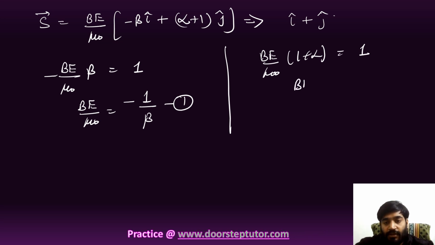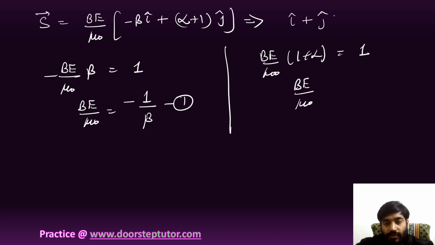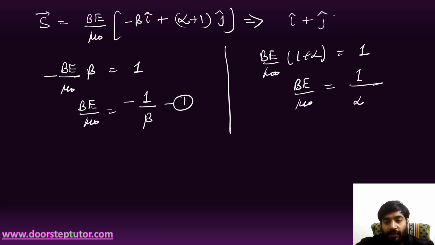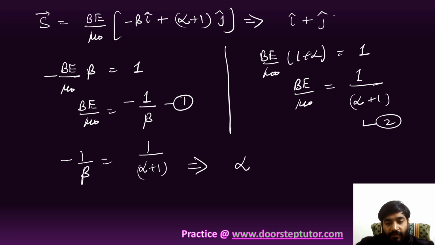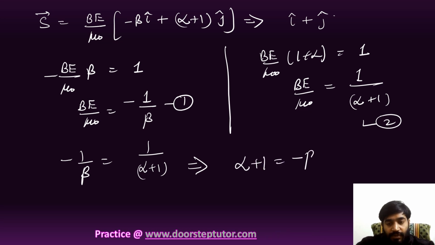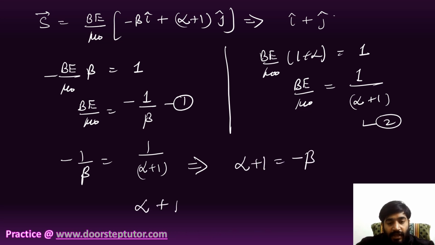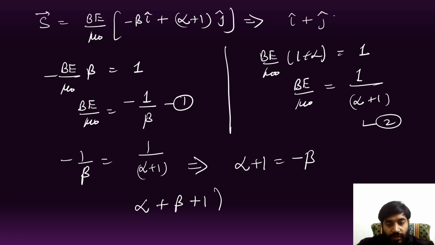So from here B E by mu naught must be equal to 1 upon alpha plus 1. So this is your equation 2. So from 1 and 2, we conclude that minus 1 upon beta must be equal to 1 upon alpha plus 1. So from here you can say alpha plus 1 must be equal to minus beta. So the relation is this: alpha plus beta plus 1 must be equal to 0. So this is your relation of alpha and beta.